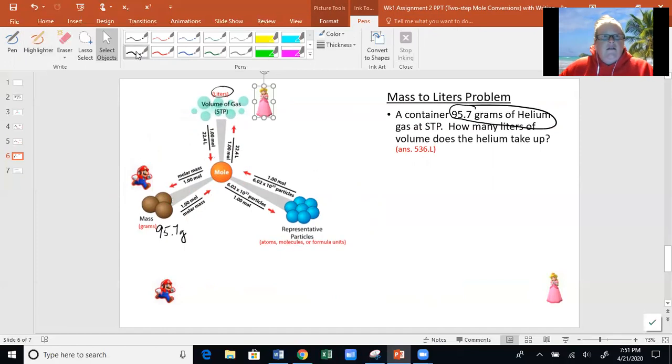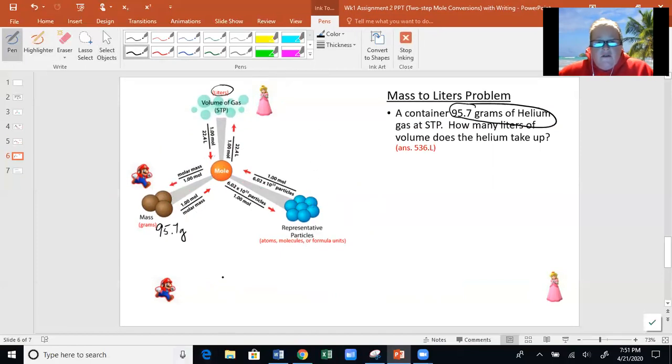All right, and let's turn this into the problem. We have 95.7 grams of helium. My first conversion factor, following the arrow, is 1 mole of helium. On the periodic table, it tells us that it has a mass of 4.00 grams.